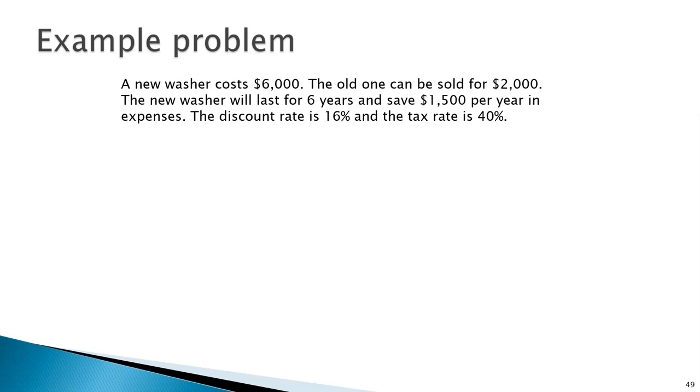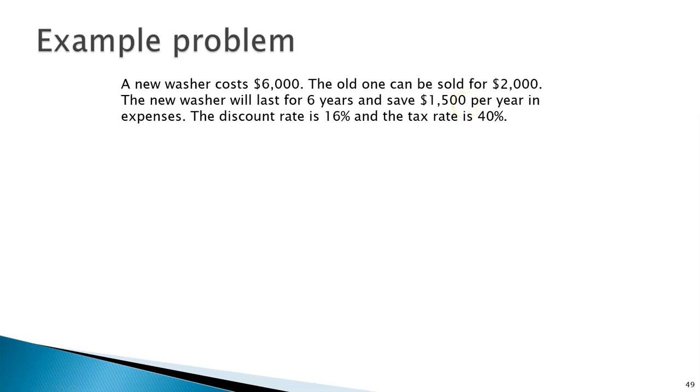All right. And then the new one will last for 6 years and save $1,500 per year in expenses. So you could say, okay, well, I make $1,500 per year for 6 years in a row. But not exactly, because you're going to have less expenses. You're going to end up with higher taxable income. You're going to have to pay some taxes on that. You don't know that you're going to keep all of that, right, because of the effective taxes.